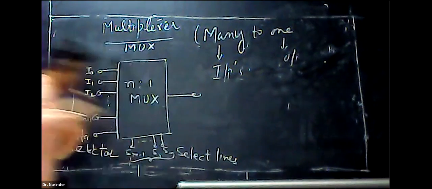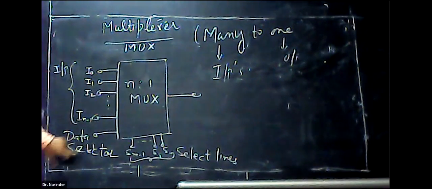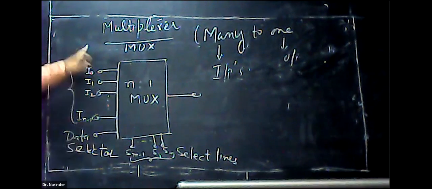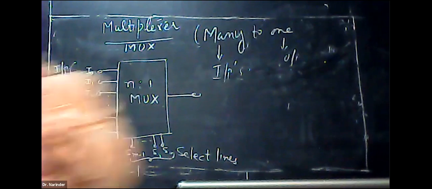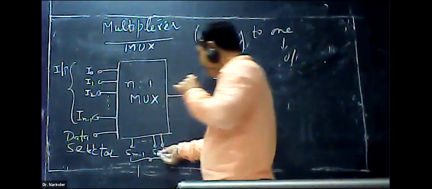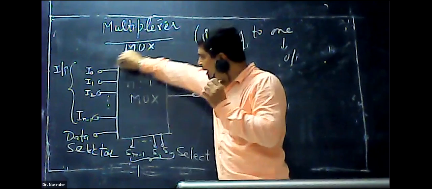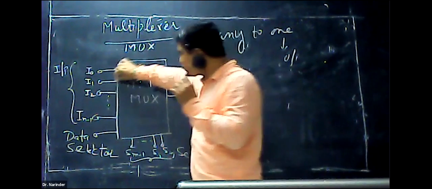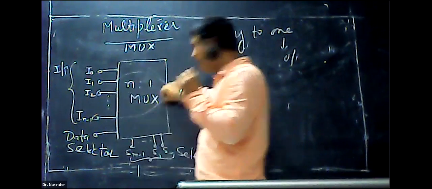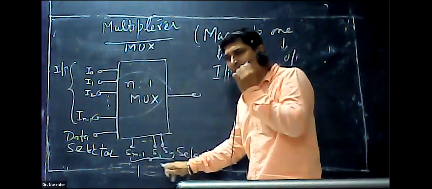Why is this used? First of all, if the data selector is enabled, then this multiplexer will work, otherwise it will not work. Now, why it is used, you can understand that. At one time, I0's value should be at the output, or I1's value should be at the output, and it has to be selected by these lines.